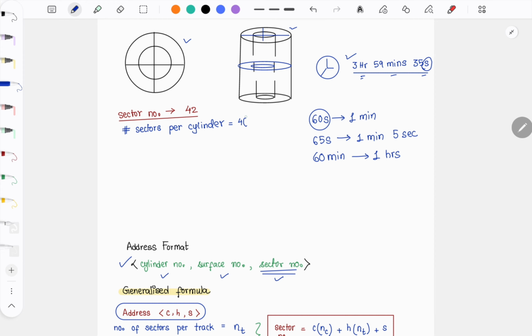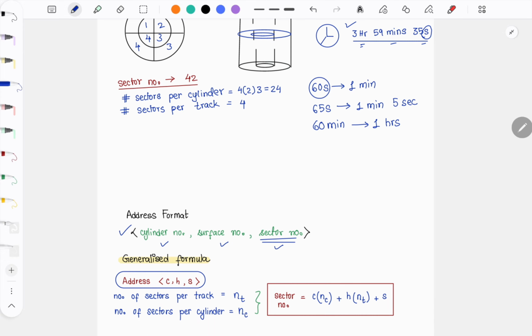Now we have two surfaces for each platter, that is two, and three such platters, that is three, which will be 24, which means there are 24 sectors in each cylinder. Now the other thing we need is sectors per track. There are two tracks on each surface, and we can see there are four segments, 1, 2, 3 and 4. Similarly on the inner track, 1, 2, 3 and 4. So we will note it down as 4.